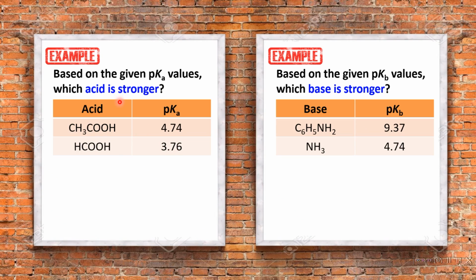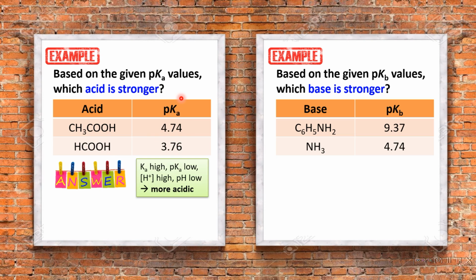So here is an example question relating pKa and Ka. Based on the given pKa values, which acid is stronger? We have two, ethanoic acid and methanoic acid. Which one is the strongest? The pKa values are given here.